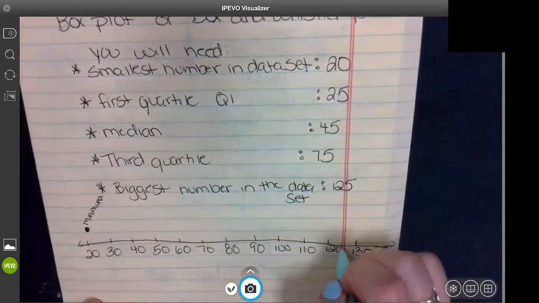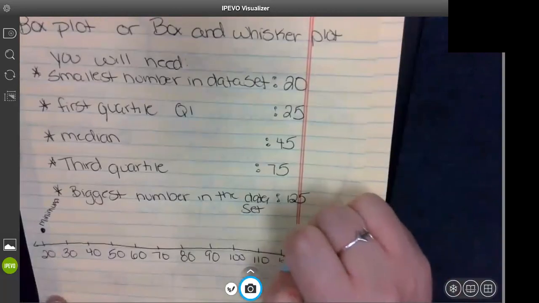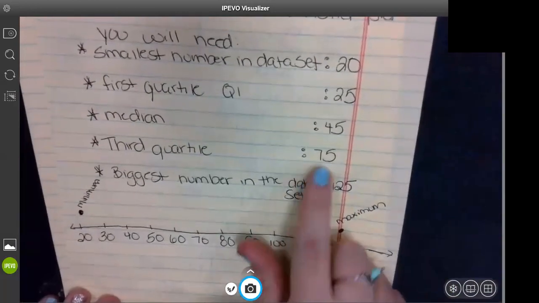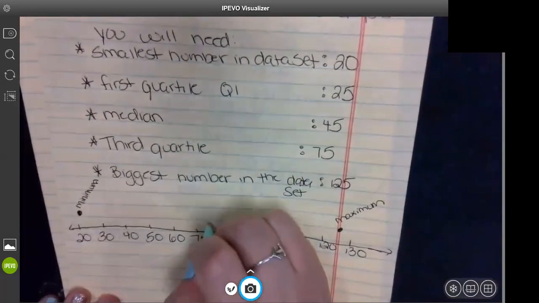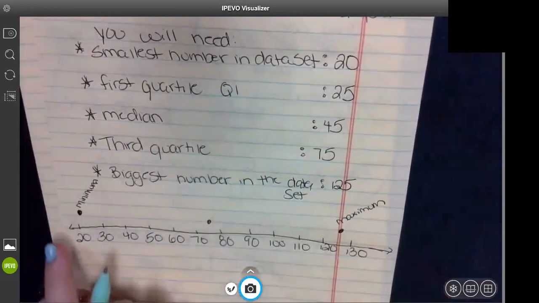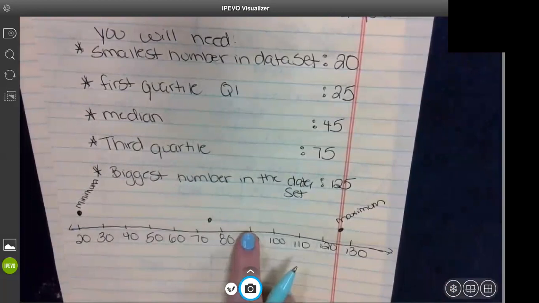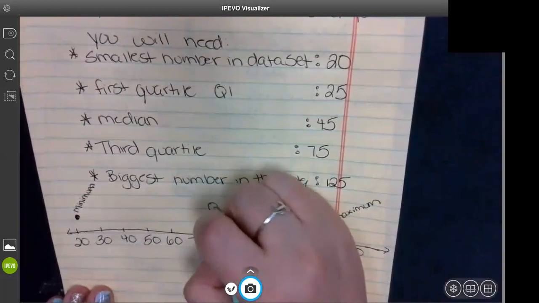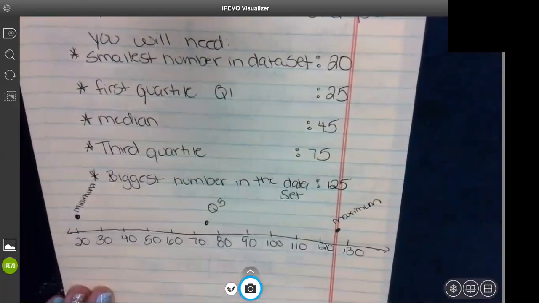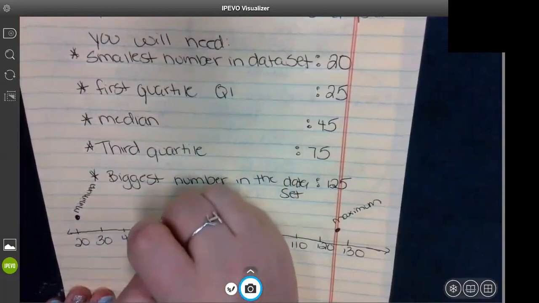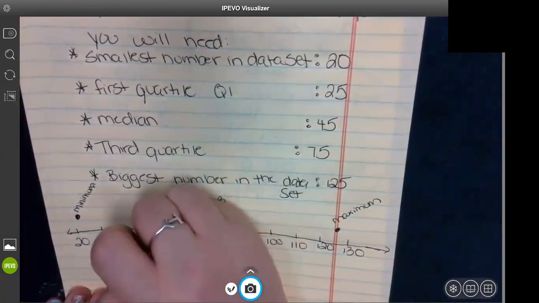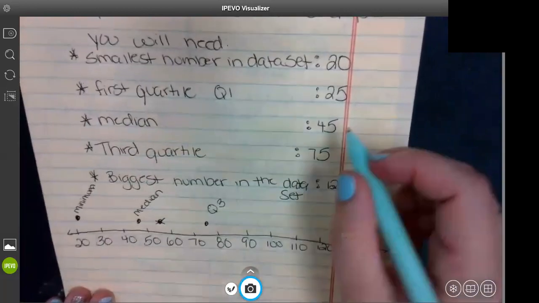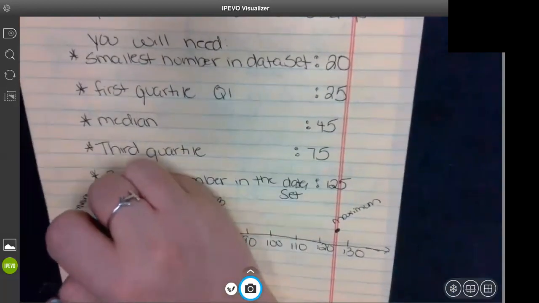And then the biggest number, which is 125, the maximum. Then my quartile 3, which was 75. So halfway between 70 and 80, I'm going to put a dot above it. Remember, this one is weird because it's going to go above the line, not in the line like other ones. So I'm going to say Q3. I'm going to put one at 45, which is going to be our median. And then at 25, which will be our quartile 1.